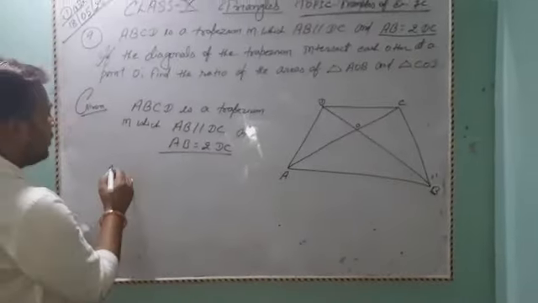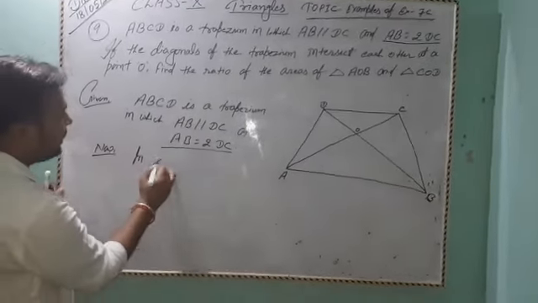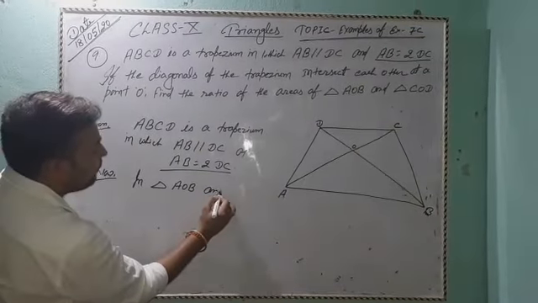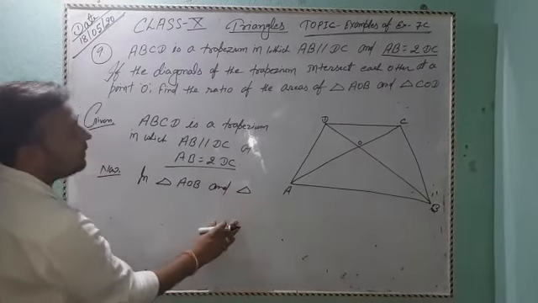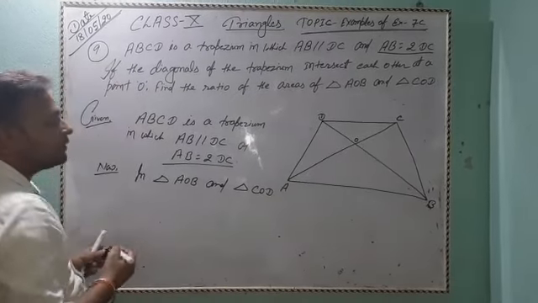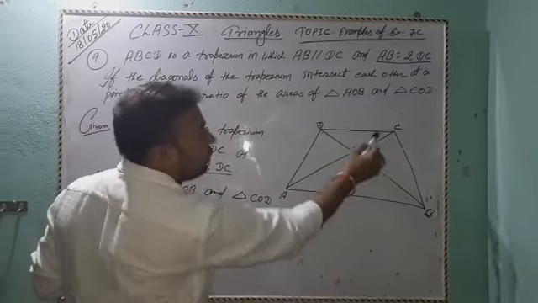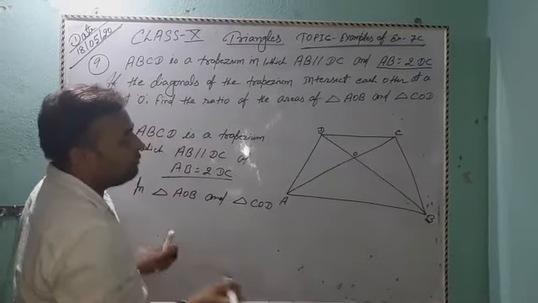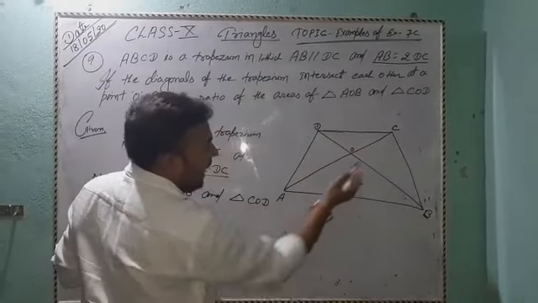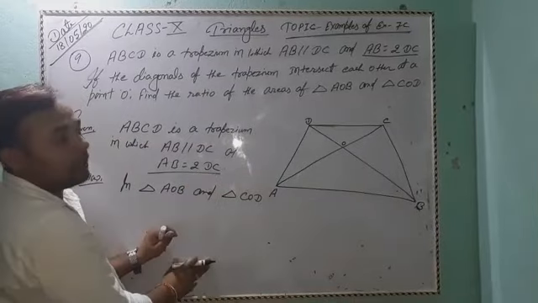So now in triangle AOB and triangle COD. Okay students, in triangle AOB and COD, AB is parallel to DC and AC is the transversal.